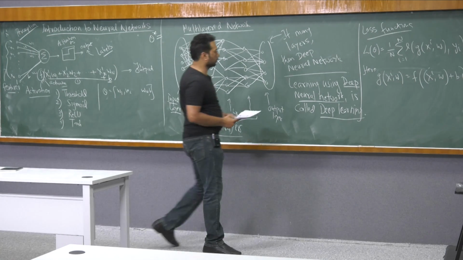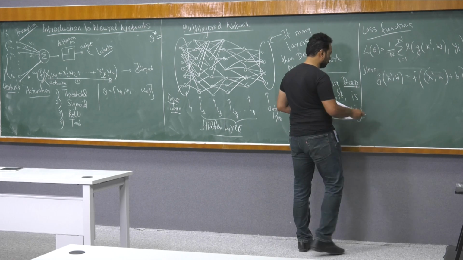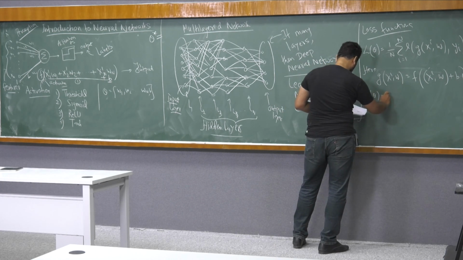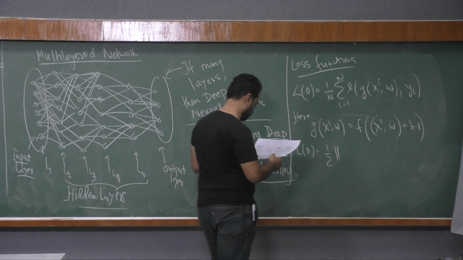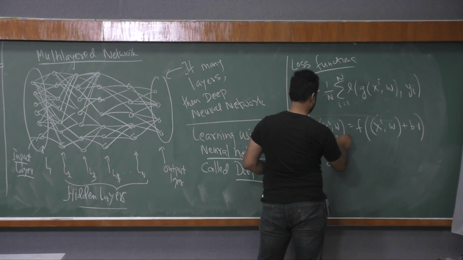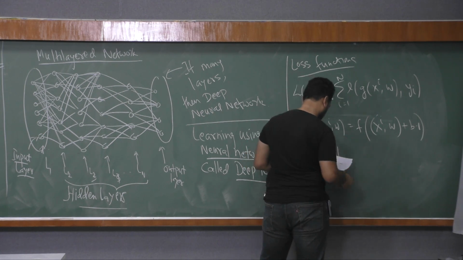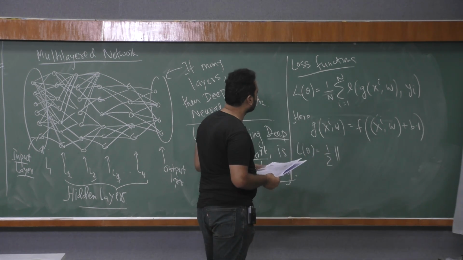As I said, here we now have various possibilities for defining the loss. One possible loss could be L theta equals half of the norm of the output.